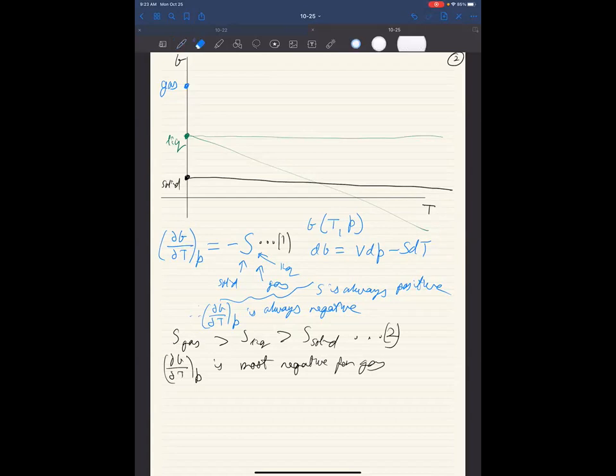Okay, so in this plot, let's draw all three now. This is solid. The liquid one is going to decrease at a faster pace relative to solid. It's going to look something like this. And the gas one will decrease even faster. Let's see if I can draw it right.